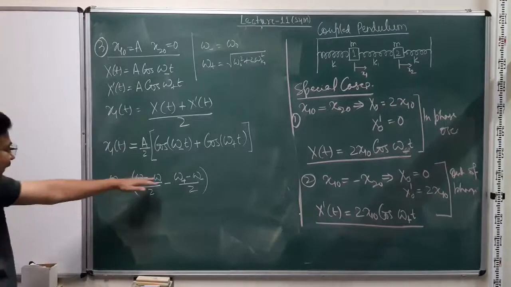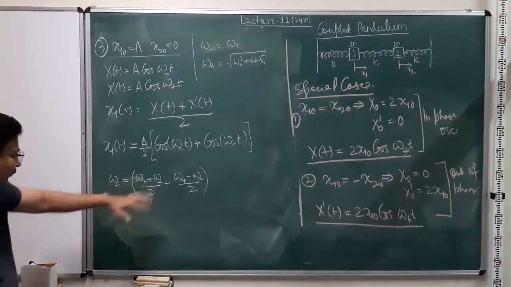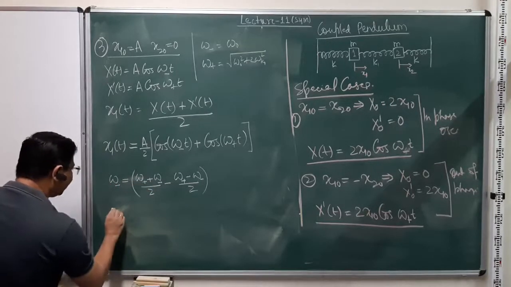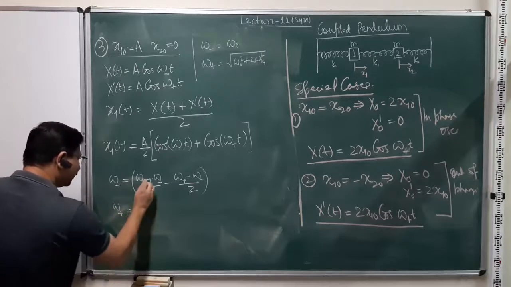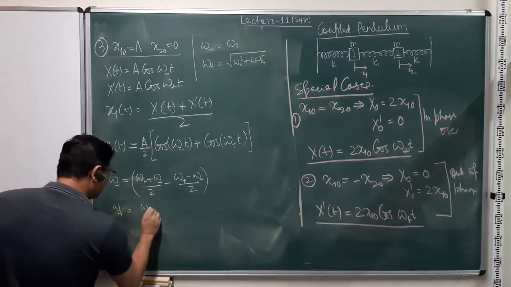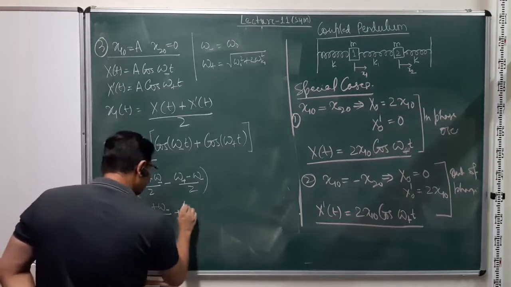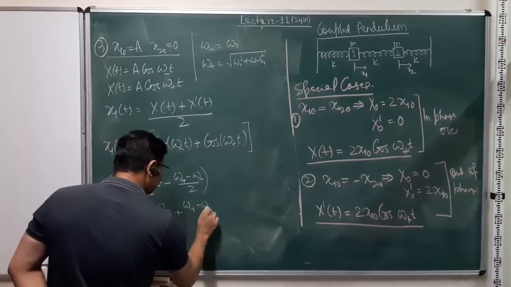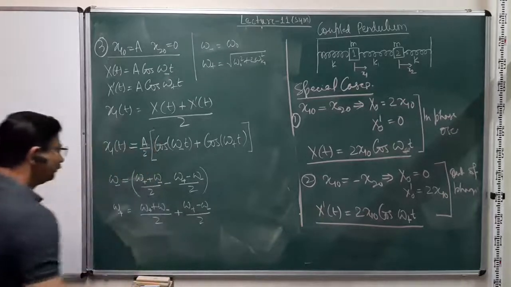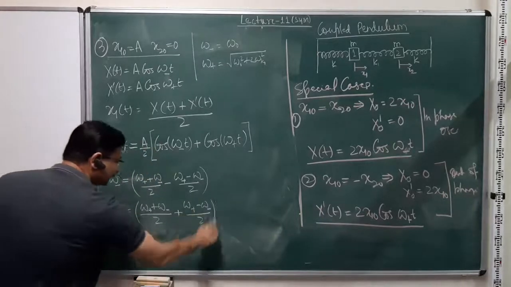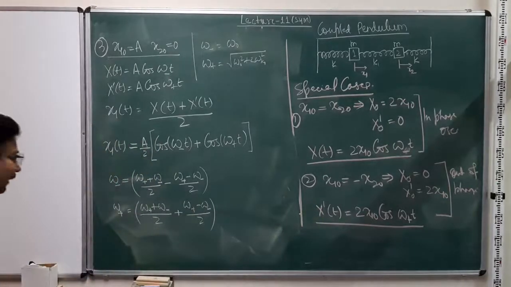It's just a rearrangement of the same term, exactly the same thing. We can write omega plus also in the same form, omega plus omega minus by 2 plus omega plus minus omega minus by 2. It's just an algebraic rearrangement, nothing else.